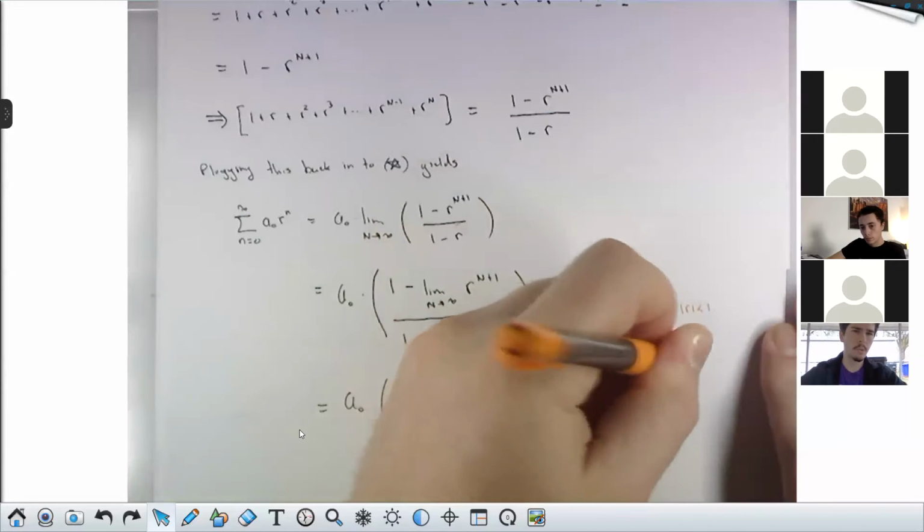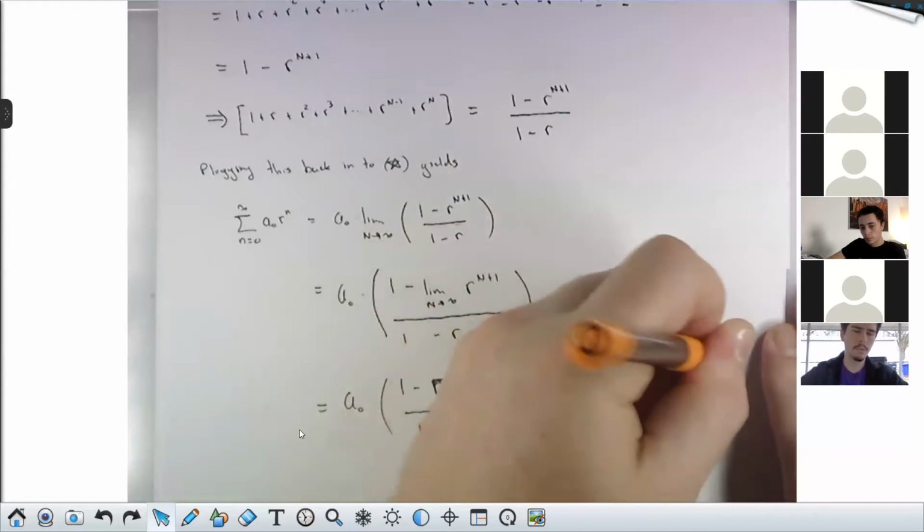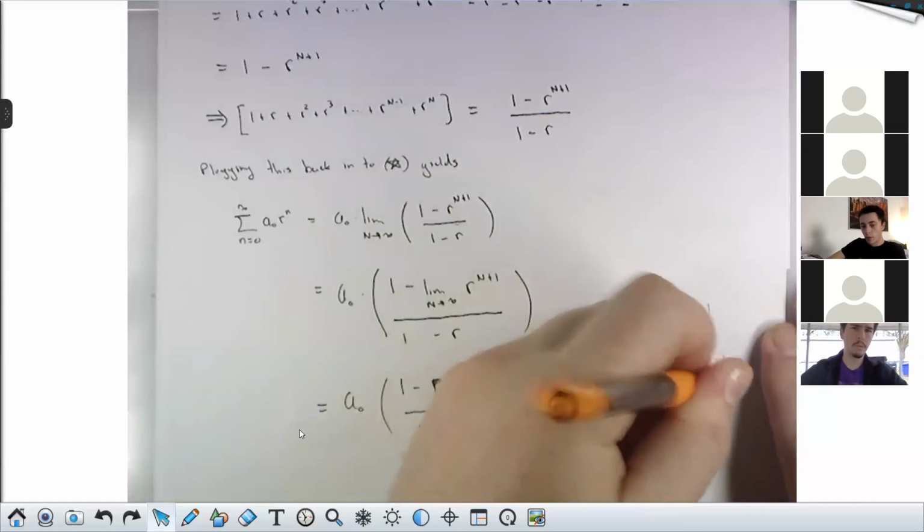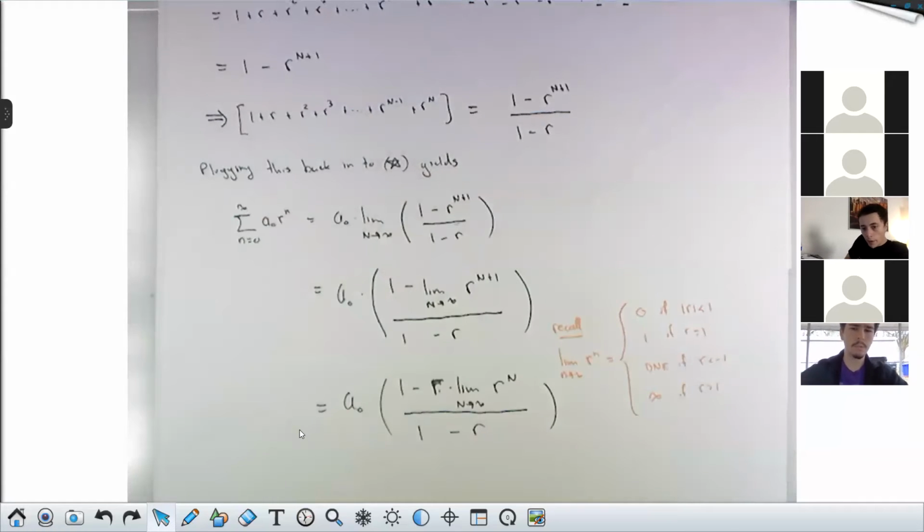It's DNE if r is less than -1, and it's plus infinity if r is greater than 1. If r is equal to 1, this whole expression is in real trouble because the bottom is 0. If r is smaller than -1 or bigger than +1, then this limit doesn't exist.